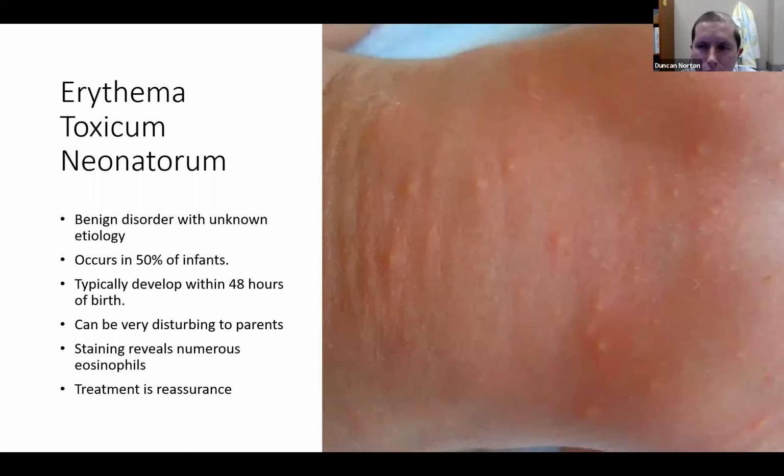It can be extremely upsetting for parents because they're like, oh my God, this looks terrible. It is extremely common. It occurs in well more than half of the kiddos. We don't really know why this happens, which, as common as it is, you would think we would have figured it out by now. But the treatment is just reassurance.